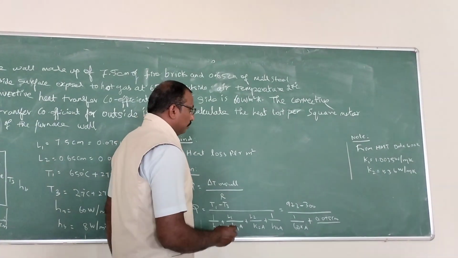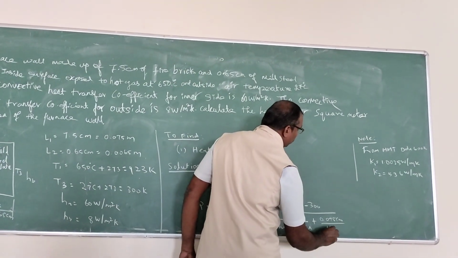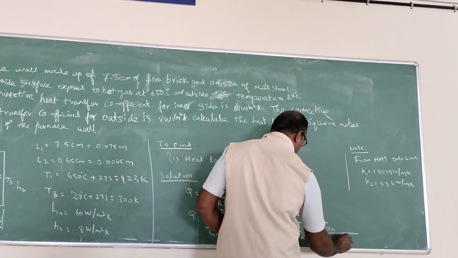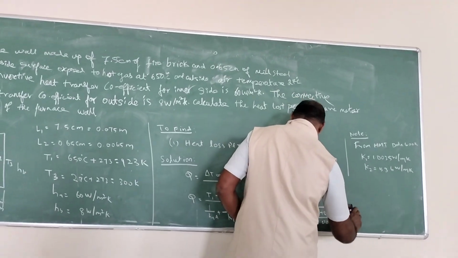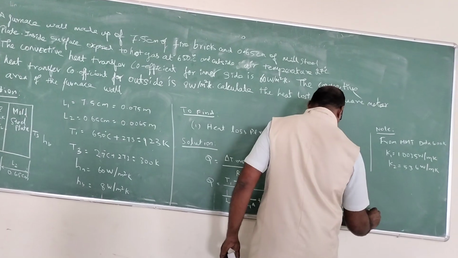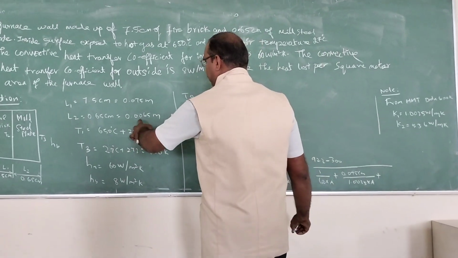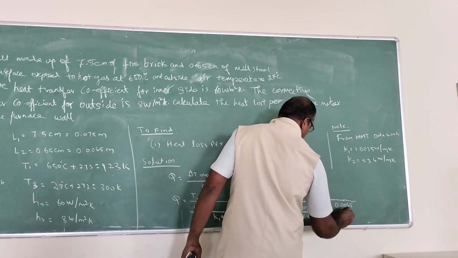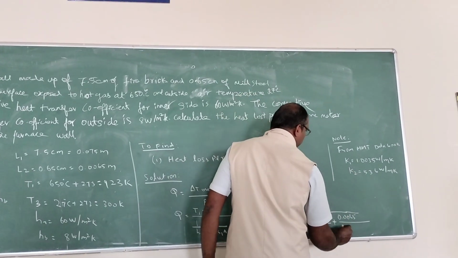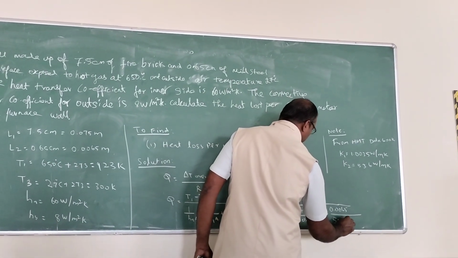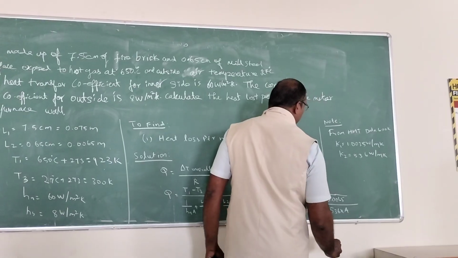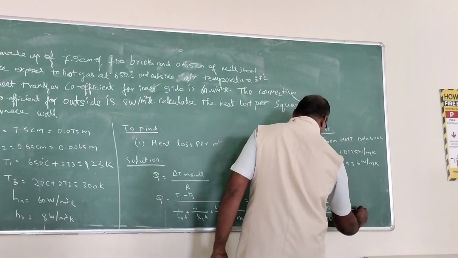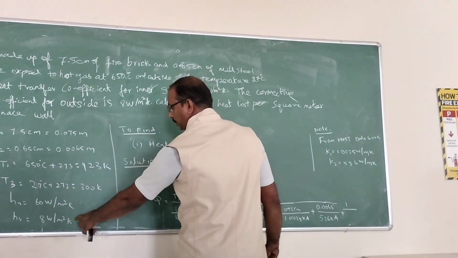Okay, K1 value is 1.0035 into A, plus L2, whose value is 0.0065, divided by K2, whose value is 5.6 into A, and the remaining term is 1 by HB. HB value is given as 8, into A.